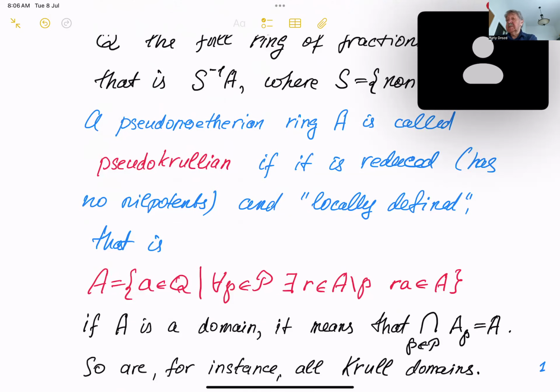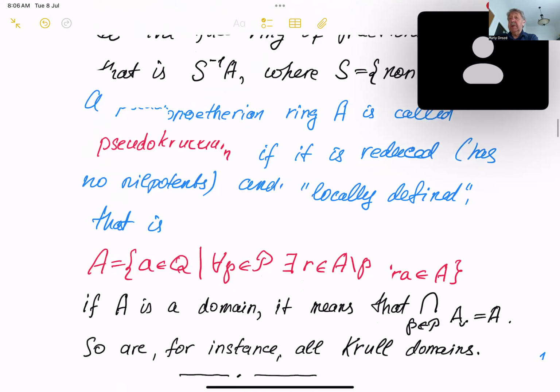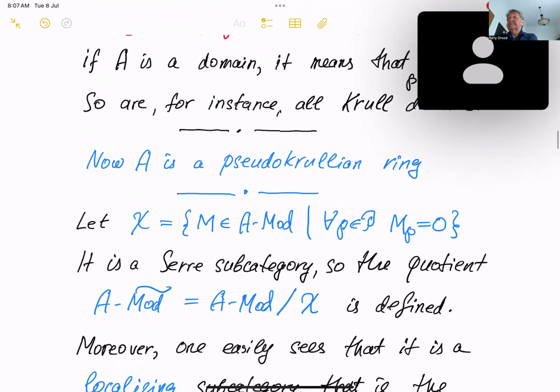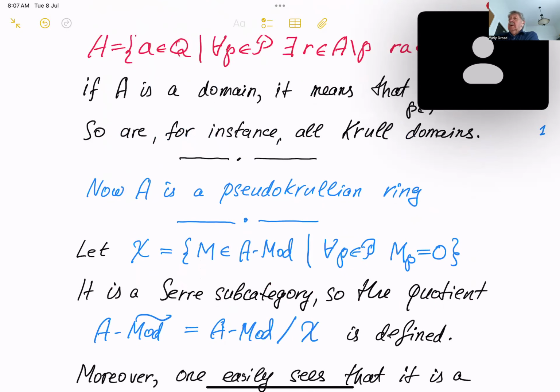So it holds, for instance, for all Krull domains, in particular for Noetherian integrally closed domains. From now on, I suppose that A is a pseudo-Krullian ring.